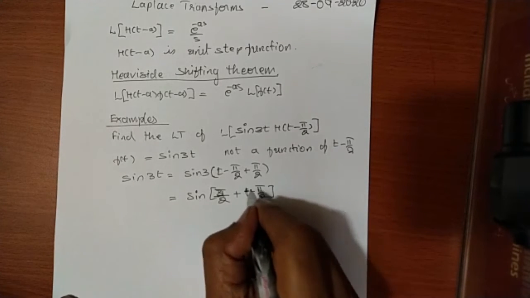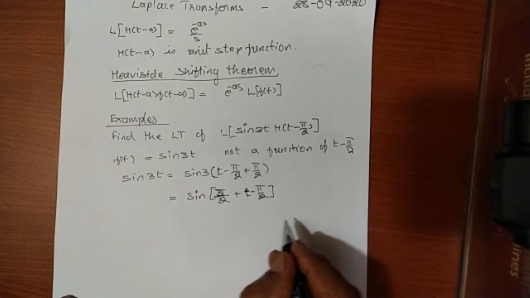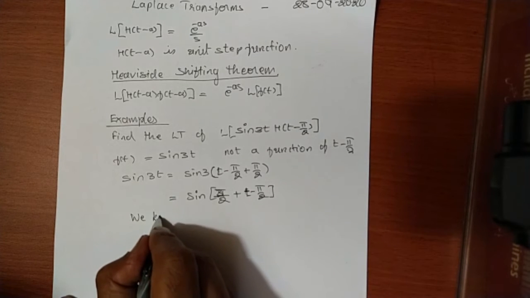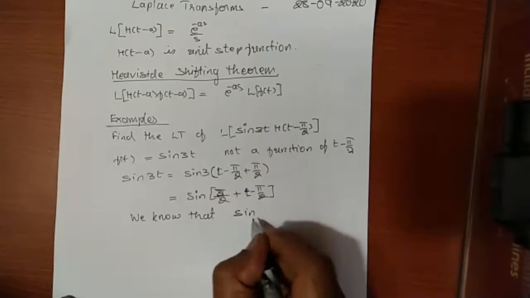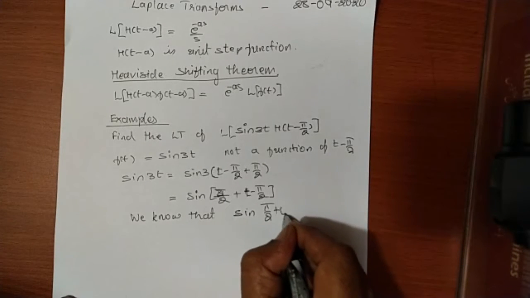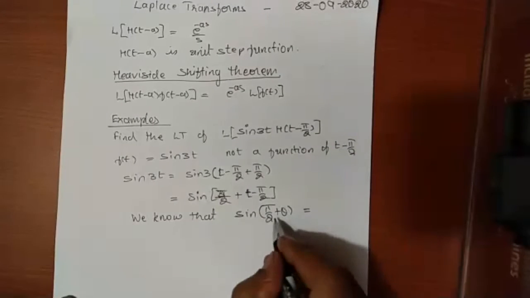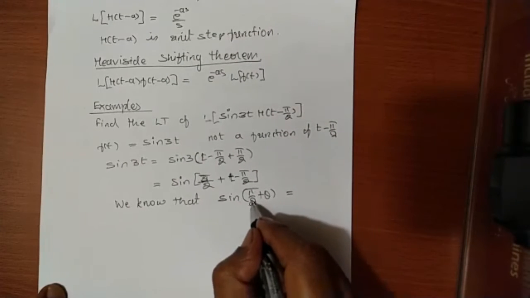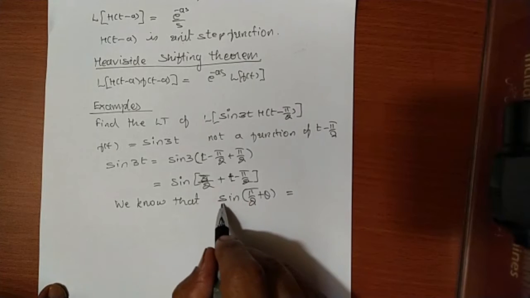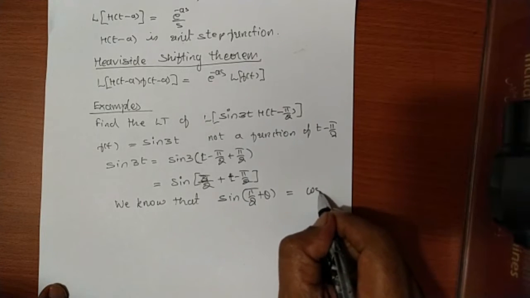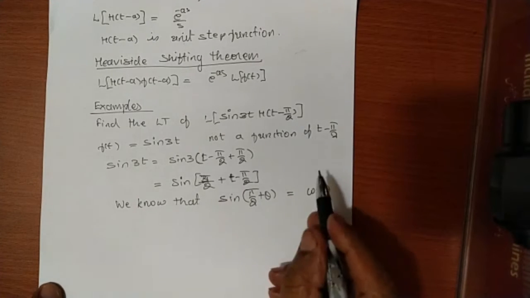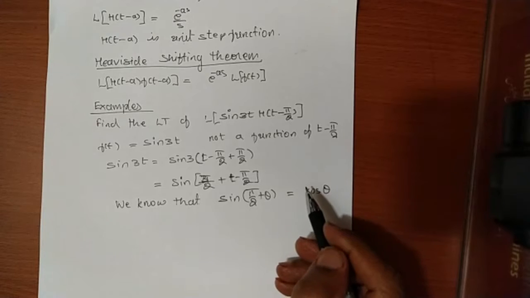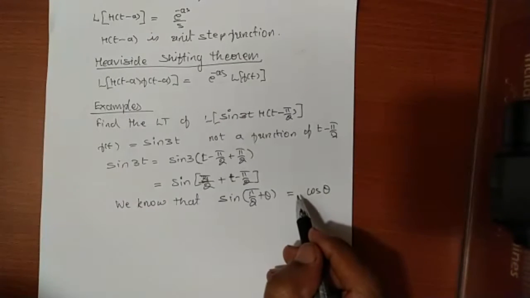Now I make use of the sine pi by 2 plus theta formula. We know that sine pi by 2 plus theta is what? Since I am adding pi by 2, the co-function is affected, so I have to change the function. In sine, co is not there, so I will add cos. It will become cos theta. But the sign I have to decide by looking at the quadrant in which the angle lies.